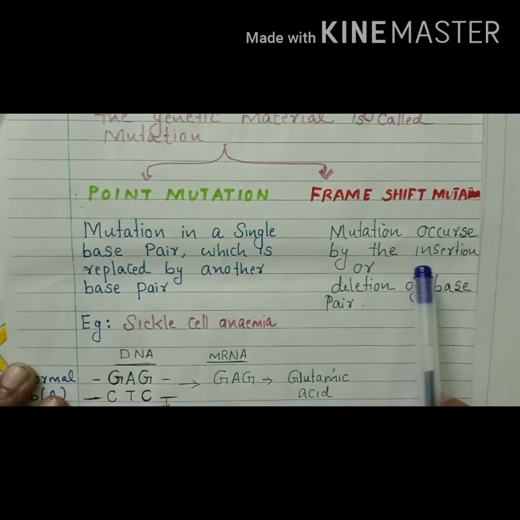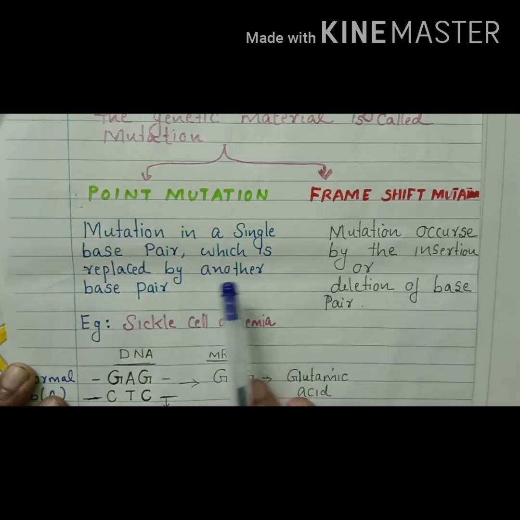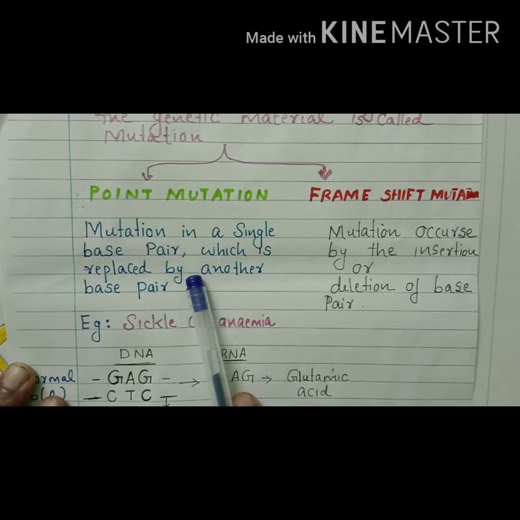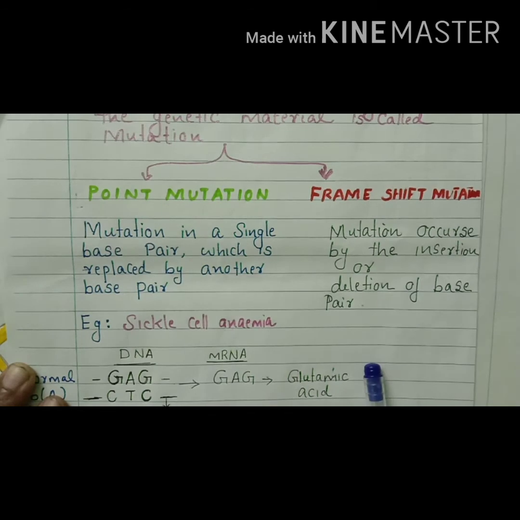Here one base pair is added or deleted. But in point mutation, one base pair is substituted by another one.